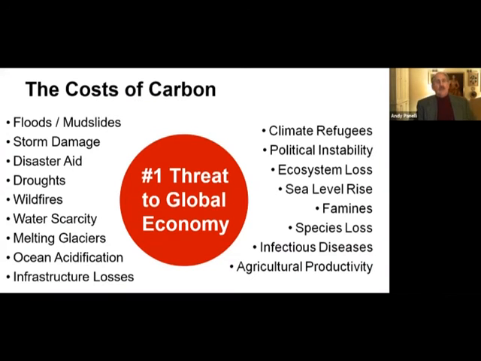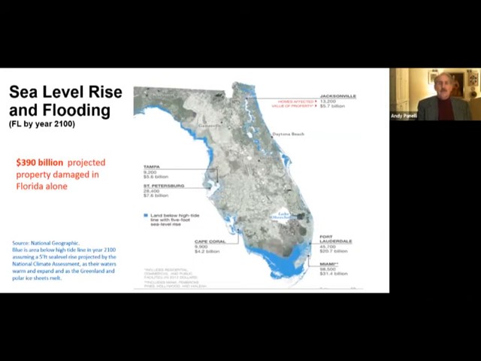So we talked about all the bad things that happen as a result of increased carbon dioxide in the atmosphere. We don't need to repeat that. But just one example of this. This is a picture of Florida, and I think this was a National Geographic survey of the estimated damage projected in the year 2100, $390 billion due to flooding and sea level rise.